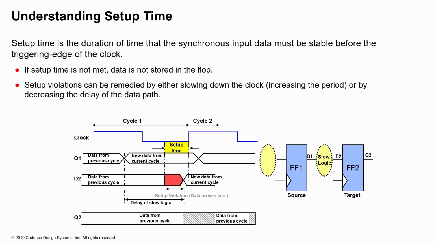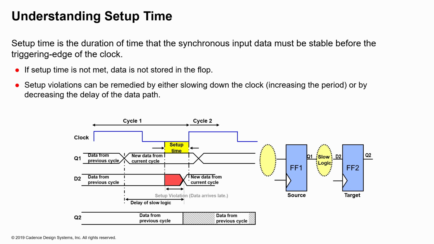So you have different signals here. Q1 is shown, and the Q1 data takes some time through the slow logic to arrive at D2.